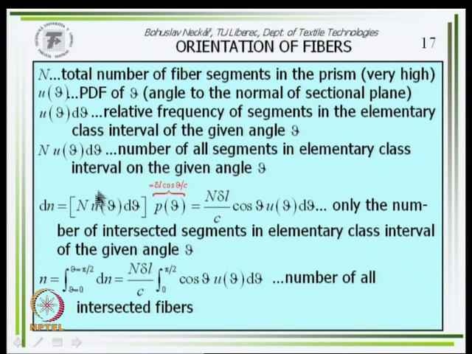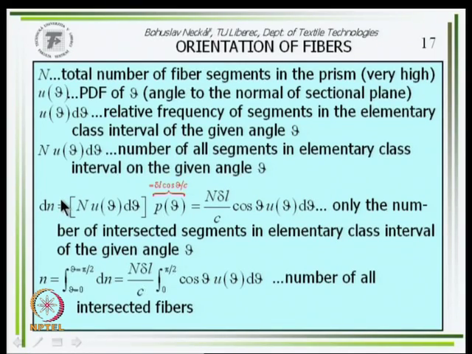And now all these fibers were sectioned through our sectional plane, but only some of them. What is the number of cut fibers? It's the total number times the probability, isn't it? This times this. Using our equation, we obtain this here.